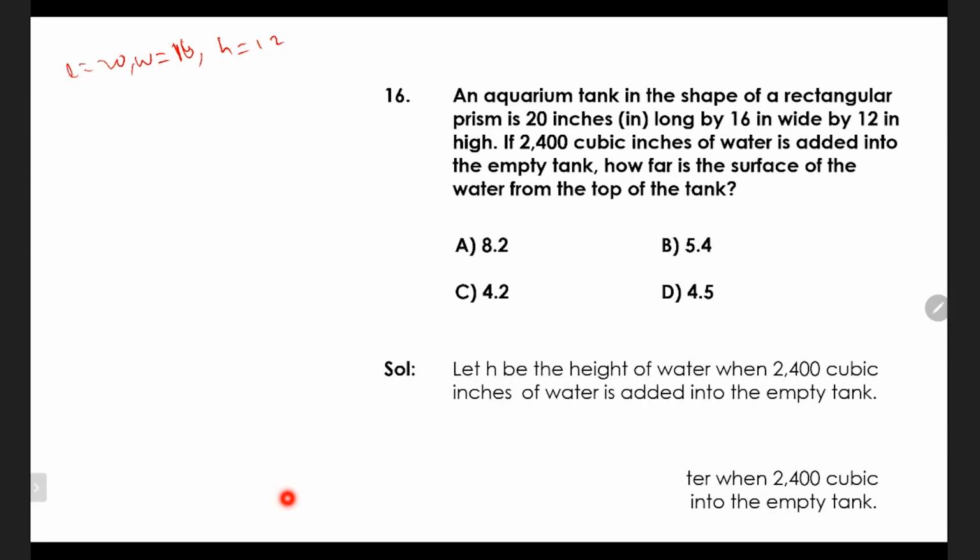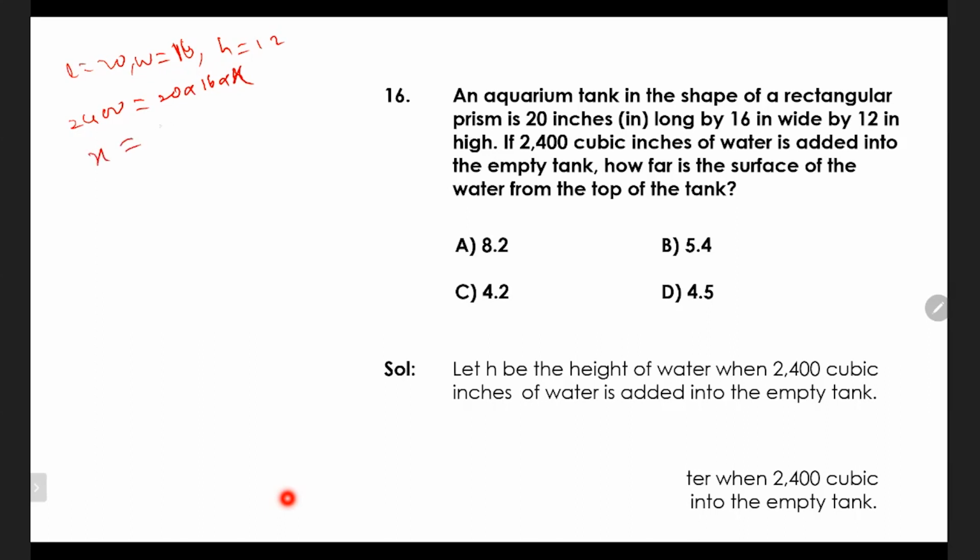Look at this. If you call height of water as h, when 2,400 cubic inches of water is added to the tank, water is 2,400 cubic inches. That is equal to length 20 into width 16 into height. We don't know h, we call it as x.